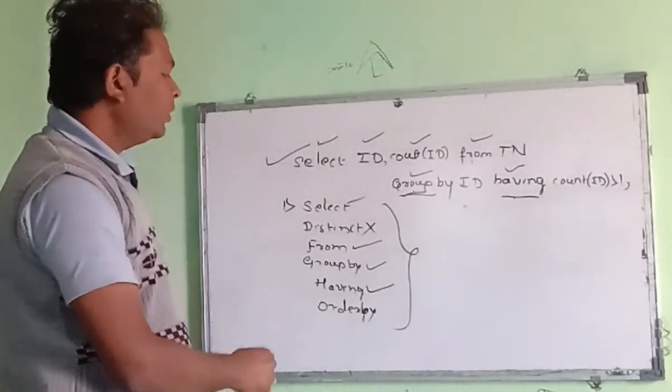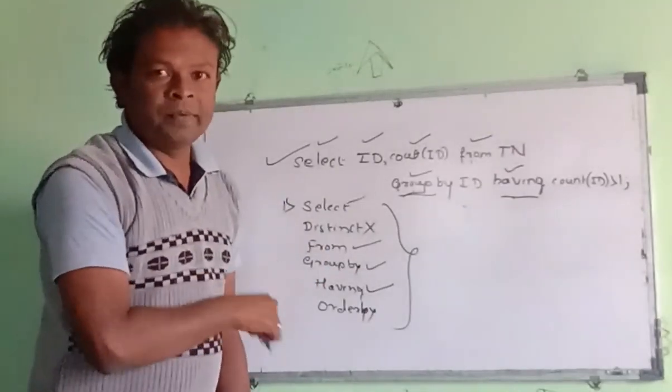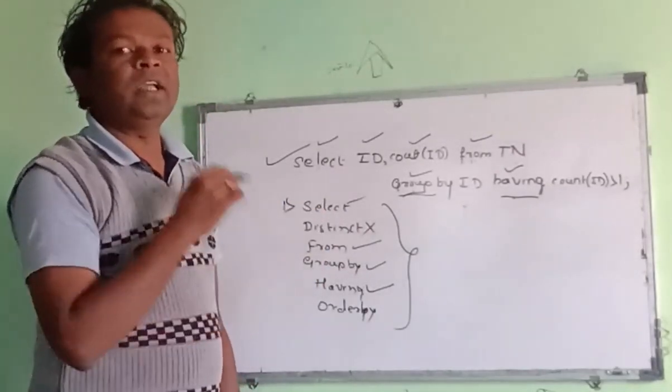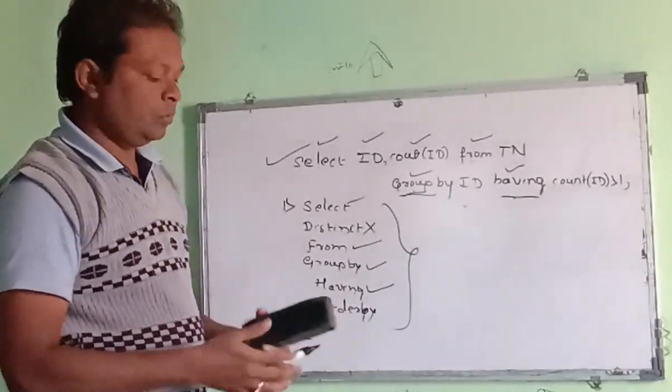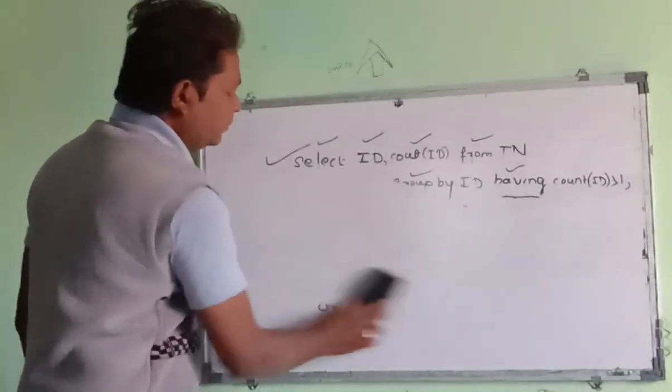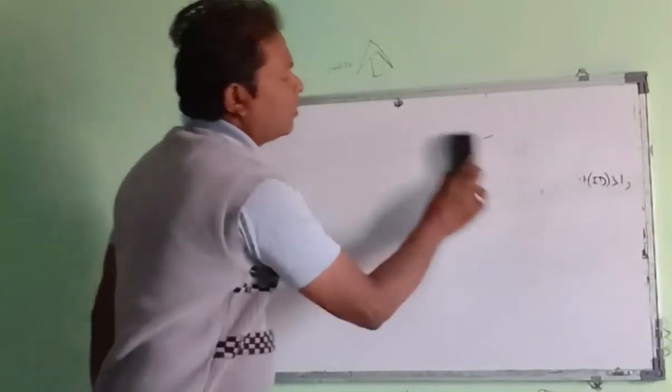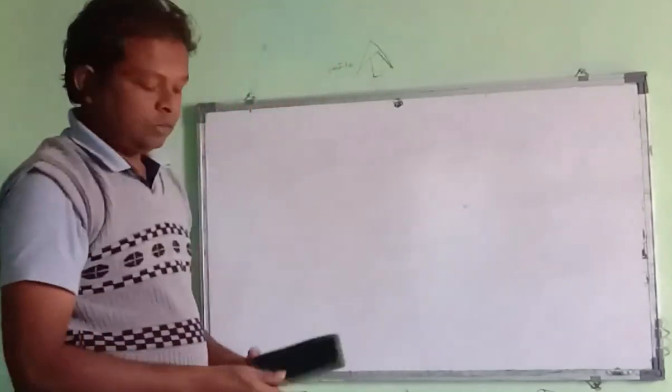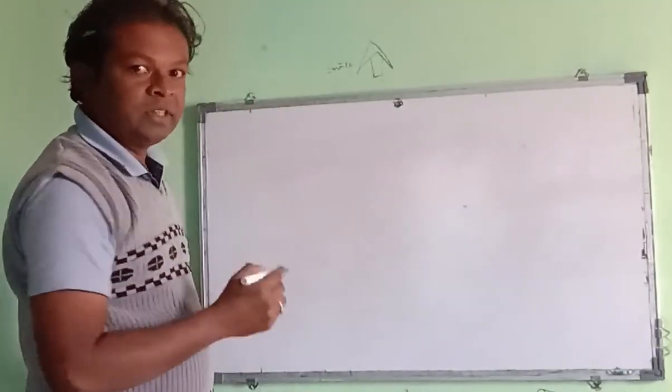This is very important. If you know this properly, then only can you write any query in SQL. You must know the order of the SQL query. Then one more example I take here.